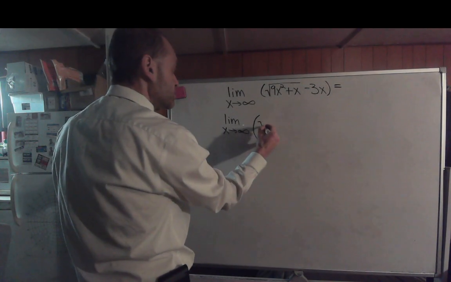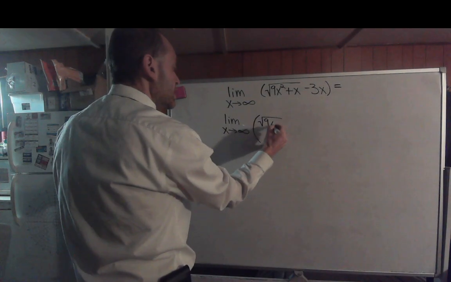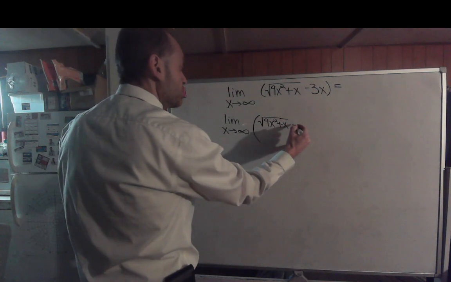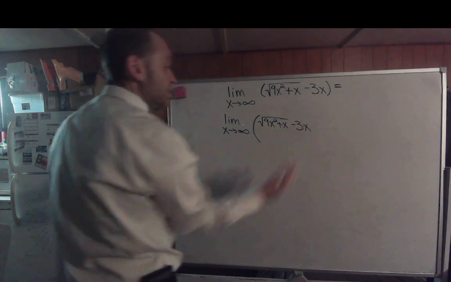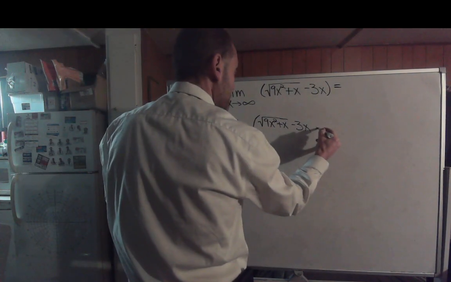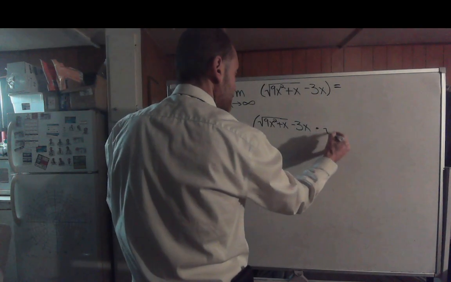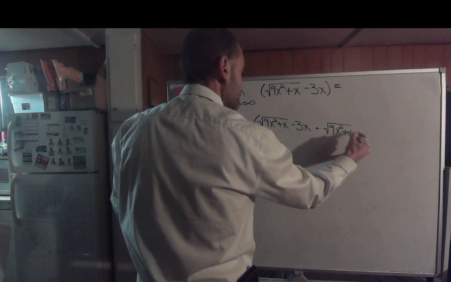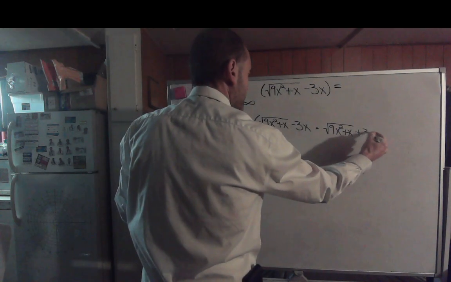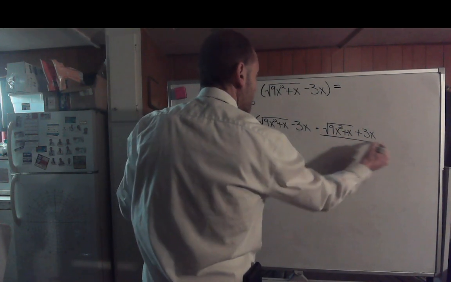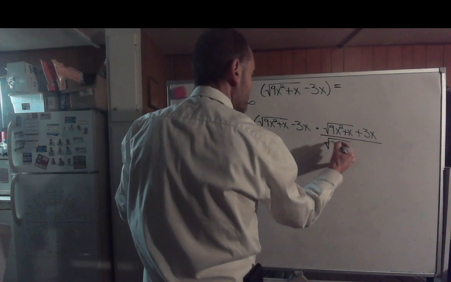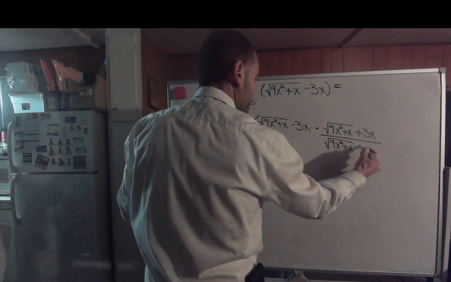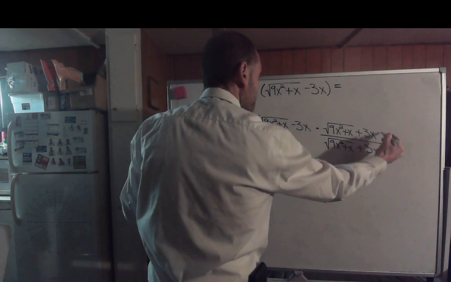So this would be the square root of 9x squared plus x minus that 3x, then multiply the numerator and denominator by its conjugate, which would be the square root of 9x squared plus x plus 3x, all over the square root of 9x squared plus x, then plus the 3x.